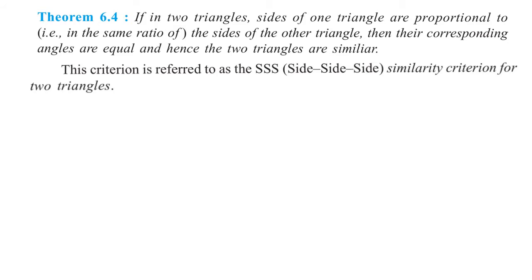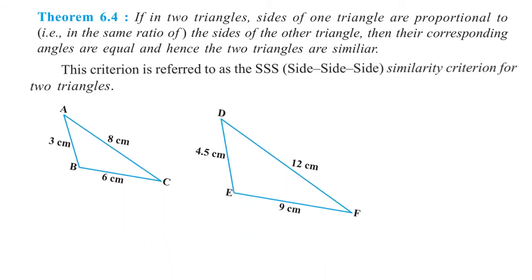Now to understand that, let's look at these 2 triangles. Are the corresponding sides in proportion? Can you figure it out? What is the corresponding side of 3? 4.5. So 3 over 4.5, is it equal to 6 over 9? Is it equal to 8 over 12? Let's see.